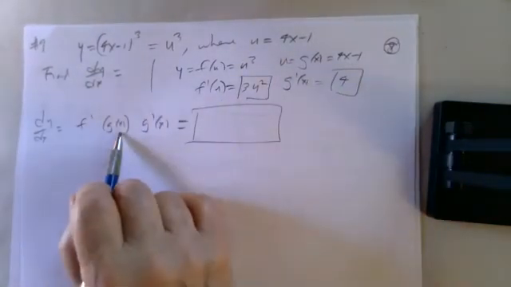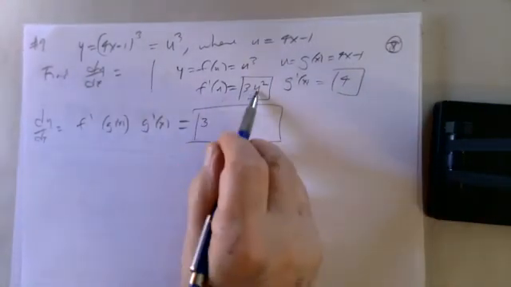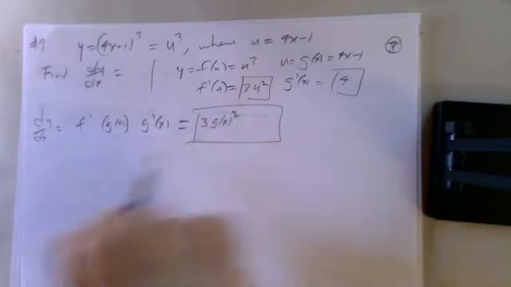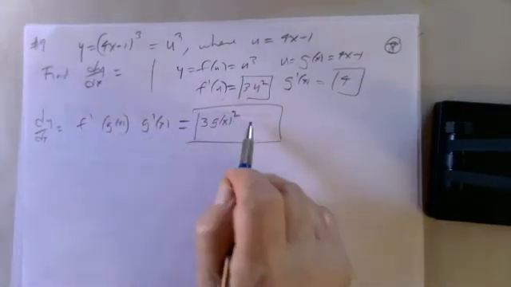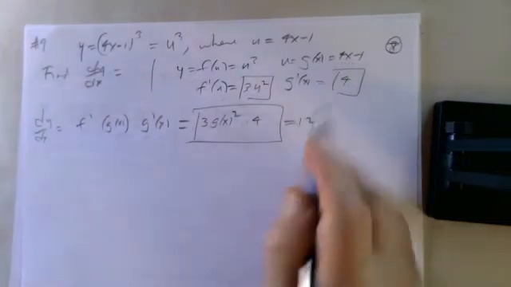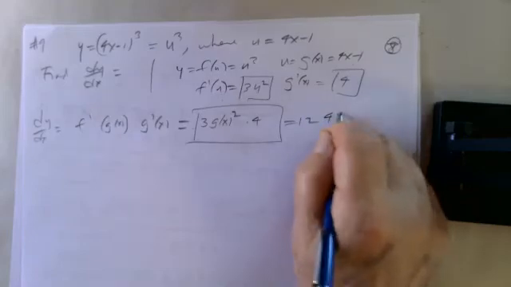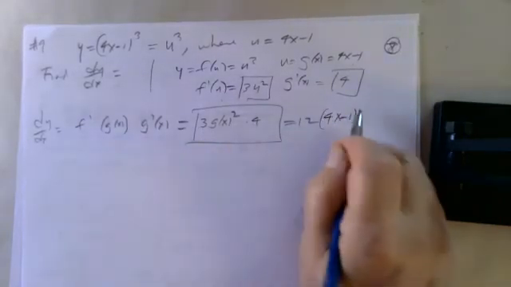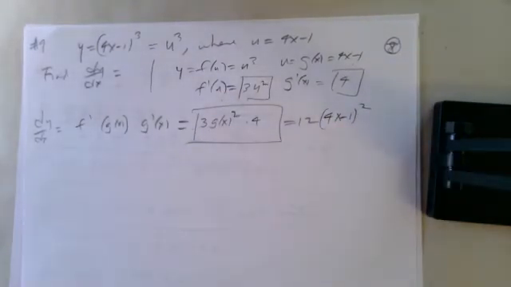So f prime of g of x, that's 3 g of x squared times 4. 3 times 4 is 12. g of x is 4x minus 1. So it's 12 times (4x minus 1) squared. Are there any questions about this?